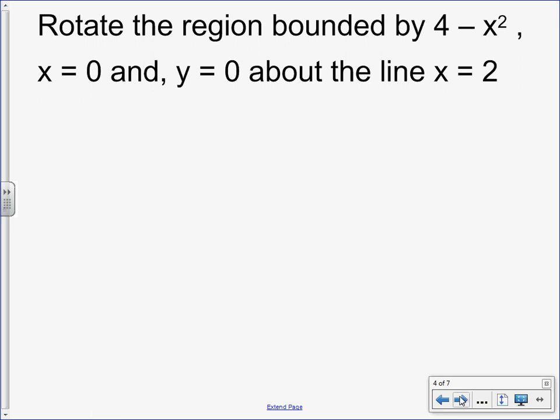Y equals 4 minus x squared. Okay, so here's x is 0, here's y is 0. 4 minus x squared is a parabola that has been flipped upside down and then up 4.